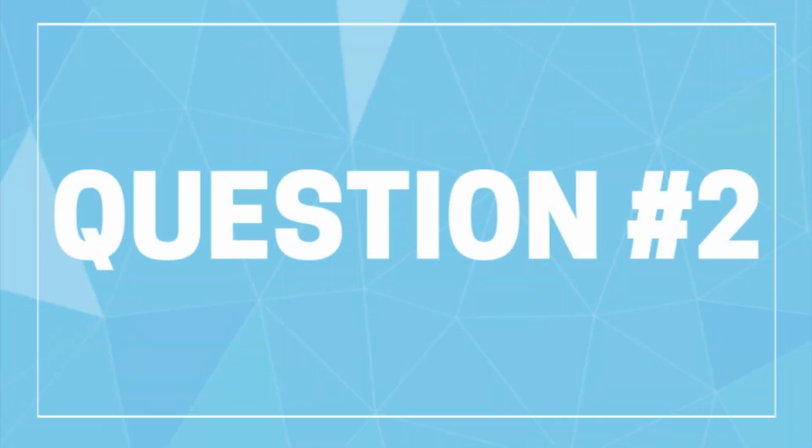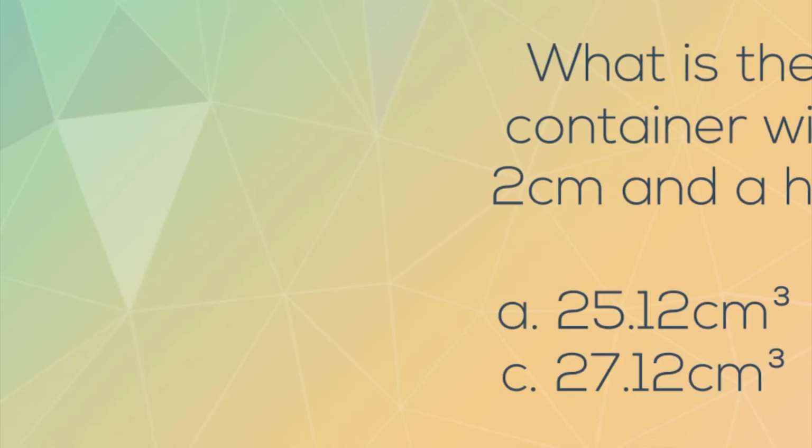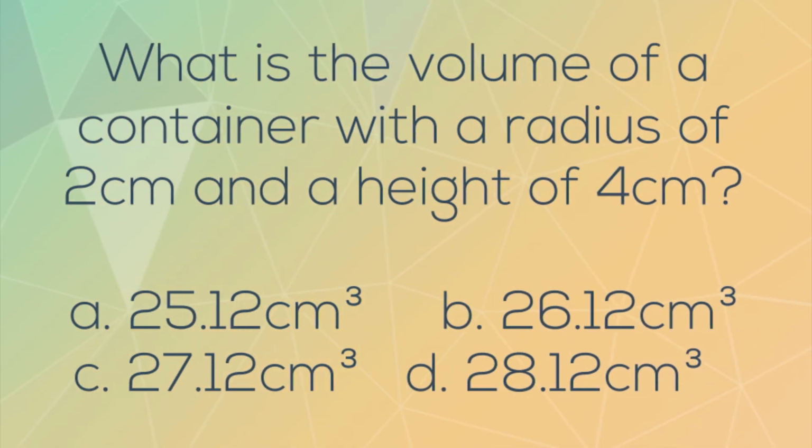Question number 2. What is the volume of a container with a radius of 2 cm and a height of 4 cm? A. 25.12 cubic centimeter, B. 26.12 cubic centimeter, C. 27.12 cubic centimeter, and D. 28.12 cubic centimeter.